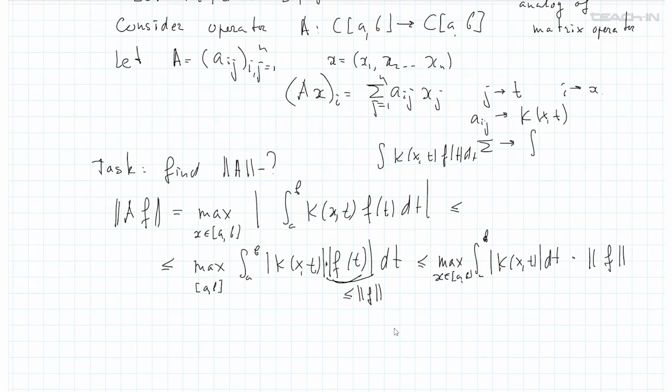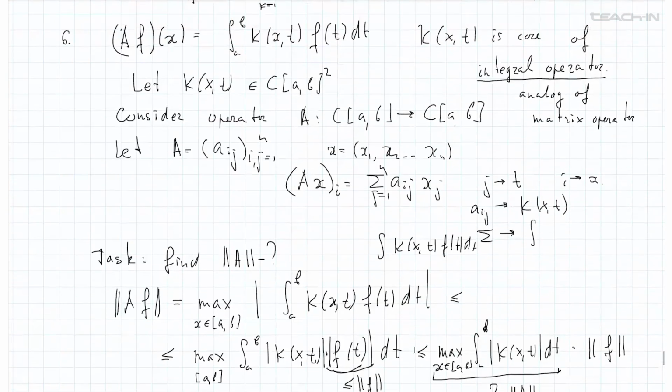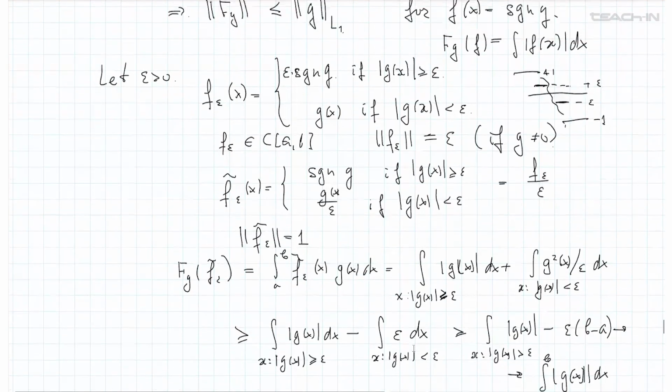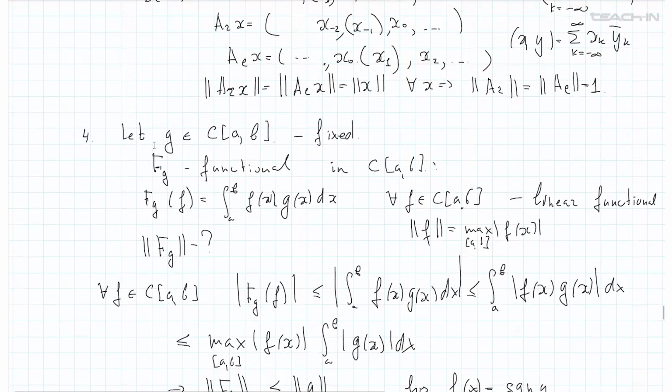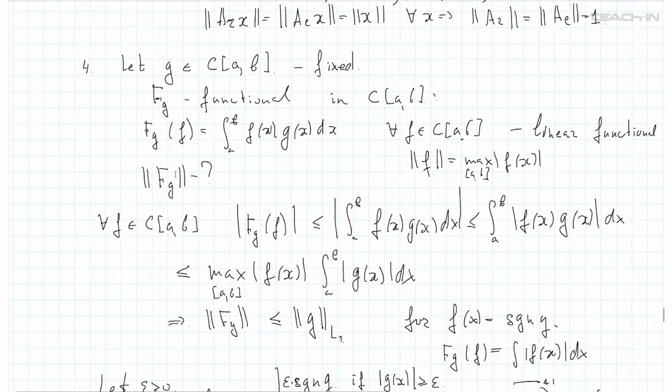So this conjecture, is it a norm? If we look at our examples, I want to attract your attention to example 4, when we consider the functional of integration with a fixed function g.